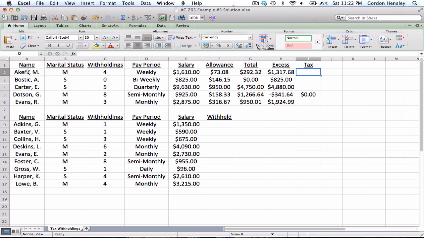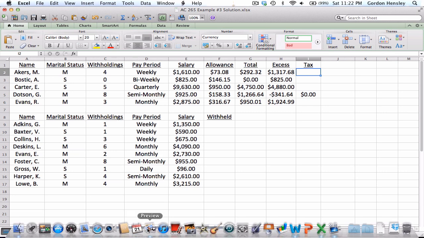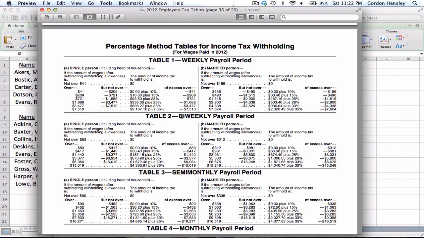And what I'll do is I'll go off to the side to do my calculation. And then when I get my calculation, I'll go back and plug that in to this box for tax. So since this person is weekly and married, I want to look at my tables. Now, weekly, that happens to be table 1, weekly payroll period. And this person is married. So to solve this one, I want to look at table 1, part B, the right-hand side for a married person.